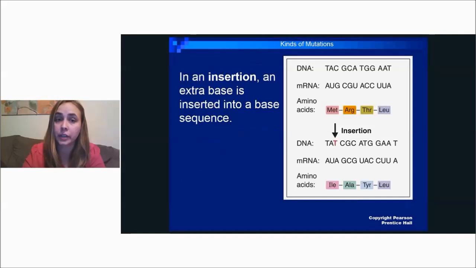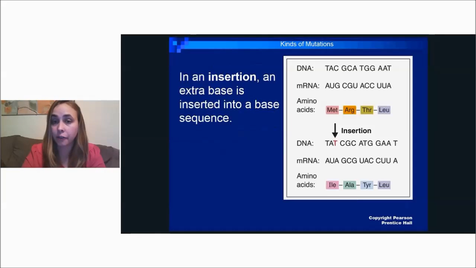In an insertion, an extra base is inserted into the sequence. In this example, a T was inserted between the first A and C in the first codon in the DNA strand, which changed every single amino acid that was produced.